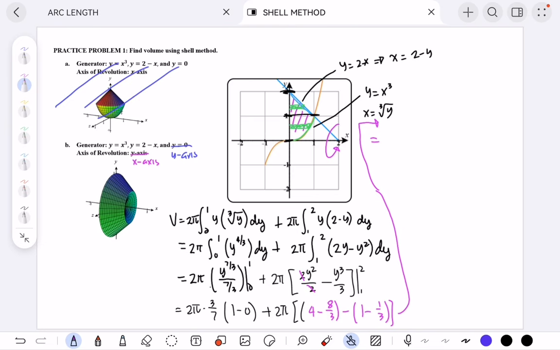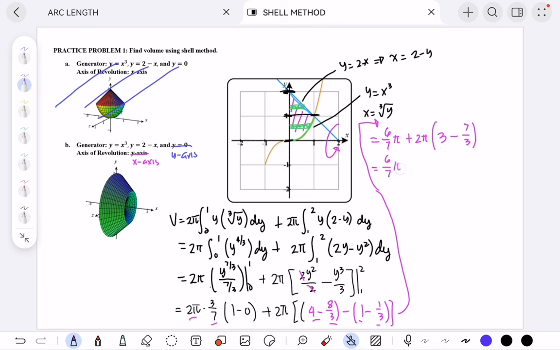So what is this now? Here 2 pi times 3/7 is 6/7 pi, plus 2 pi times 4 minus 1 is 3, negative 8/3 plus 1/3, so I have negative 7/3.